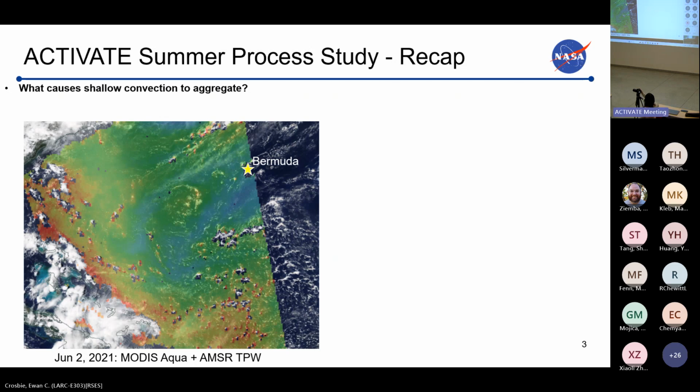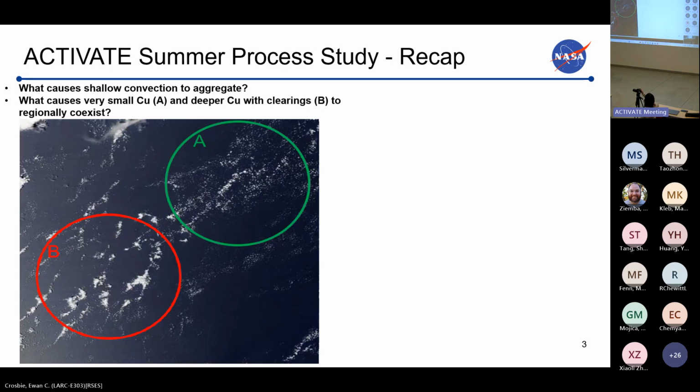So we wanted to look at why that happens and what causes the cloud to aggregate in this way. And then as a second question, why does this type of thing happen where you've got regions that are coexisting, where you've got very different morphologies in the cloud? You can have this uniform cumulus in the A region and then more clustered in the B region. They can both be in the same area.